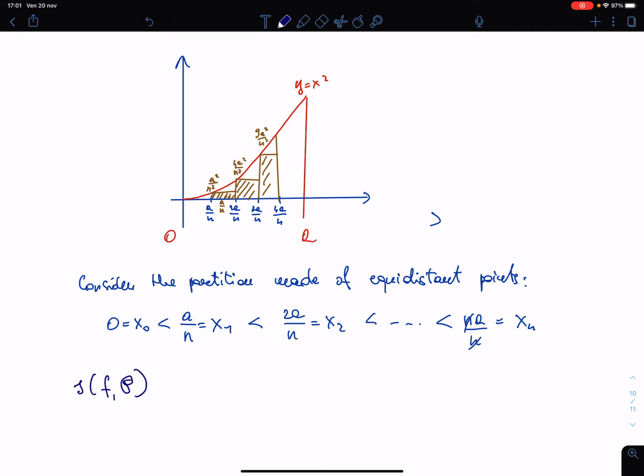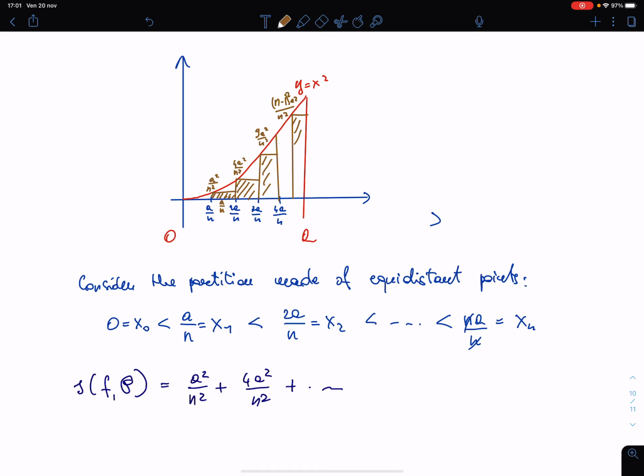So this is simply a squared divided by n squared plus 4a squared divided by n squared, up to what? When we go for the last, the height is n minus 1 squared, a squared divided by n squared.